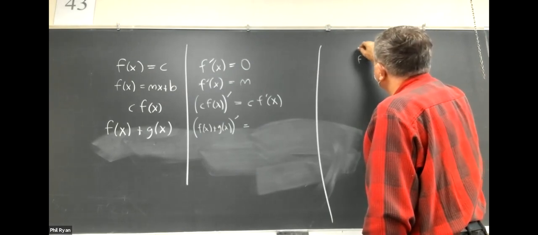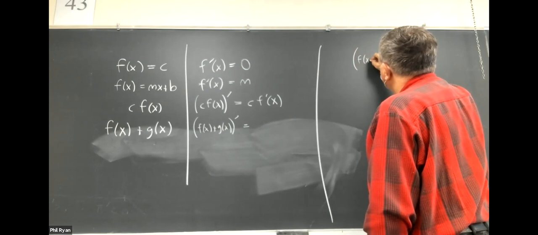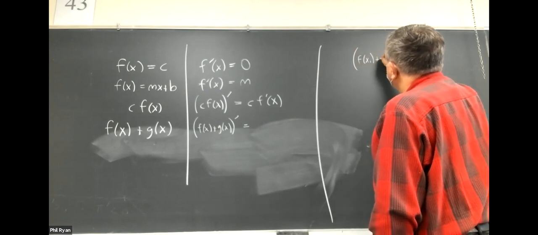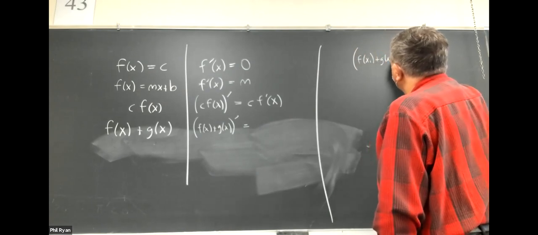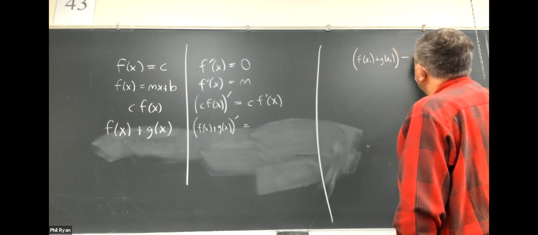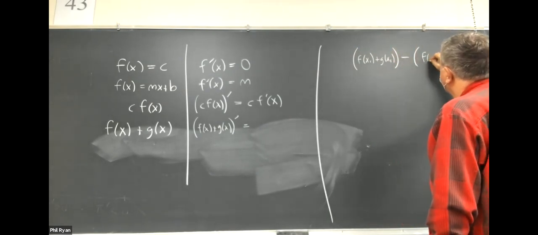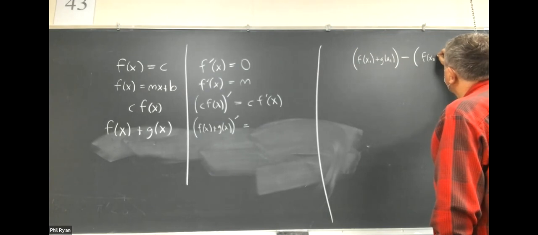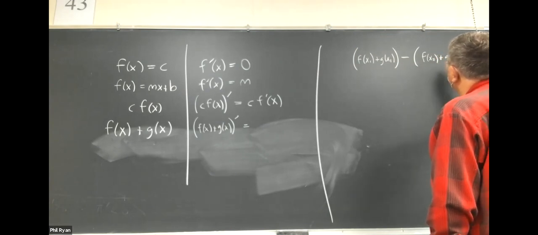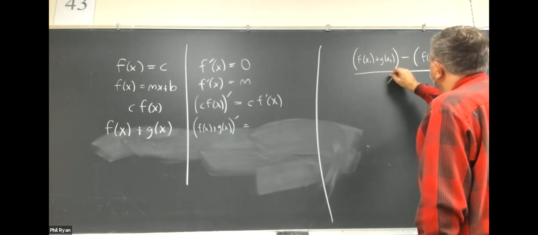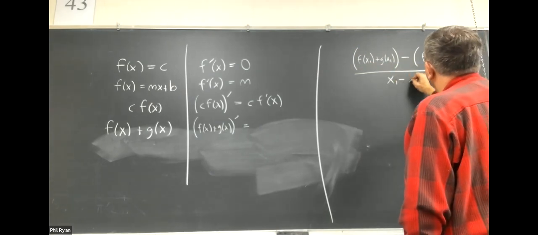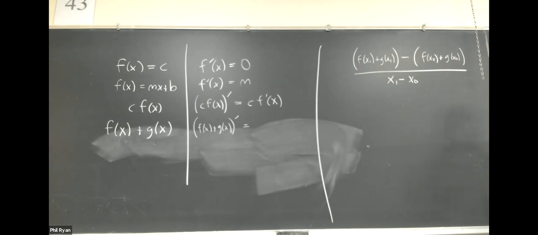We're going to look at f of x1 plus g of x1, minus f of x naught plus g of x naught, over x1 minus x naught. So that's how we would go about figuring out its derivative.